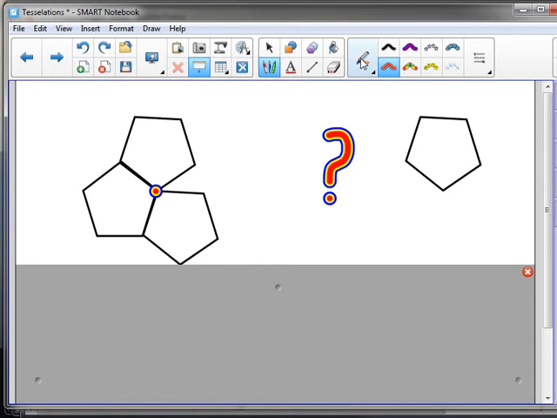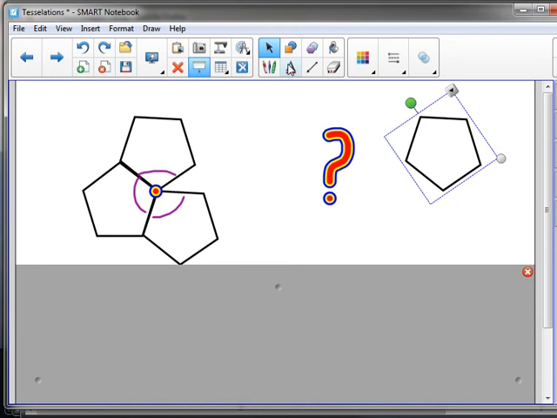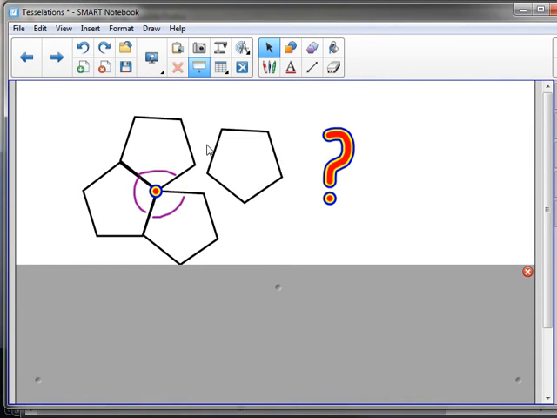And think about what you know about the regular pentagon. Well, earlier in the week we could find this interior angle. I'm thinking it's 108, but we could figure that out. But I'll tell you one thing, those interior angles aren't going to come together to make 360, because here comes the other one, and you can see his interior angle. Here he comes. He wants to come join the party, but it's not going to fit.